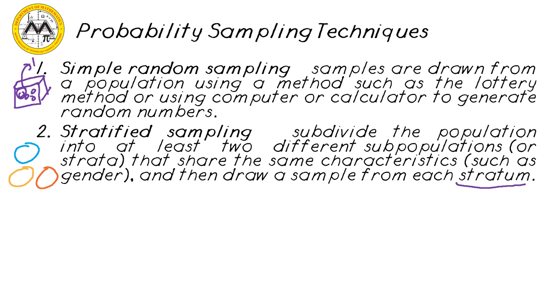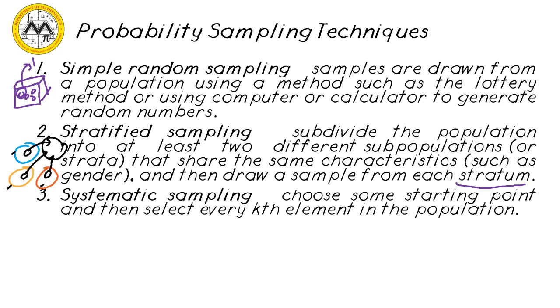So each group has the same characteristics. So what you do is get an element from the first group, an element from the second group, and an element from the third group. So that would build your sample. So that is stratified sampling. So each group is your strata.